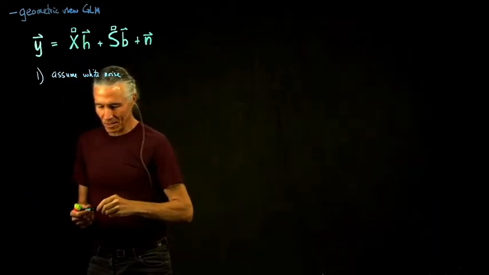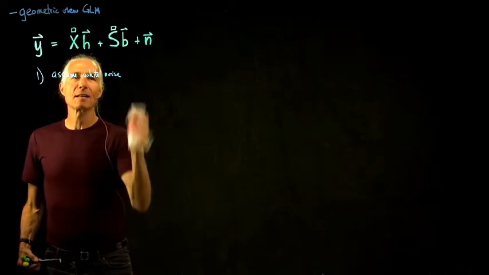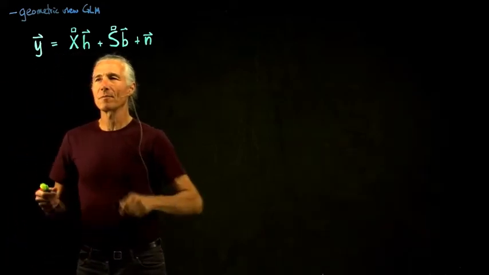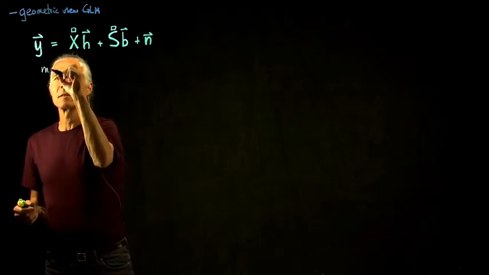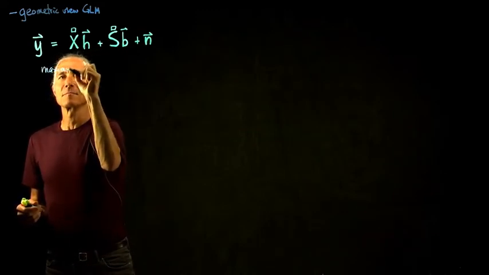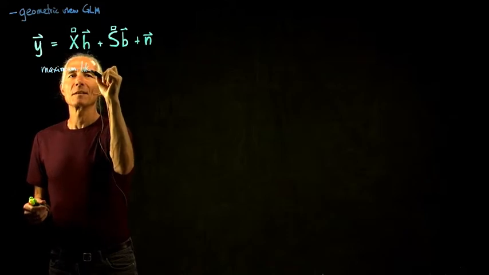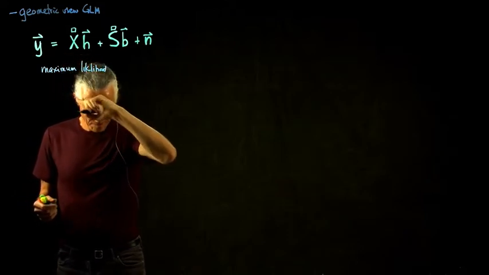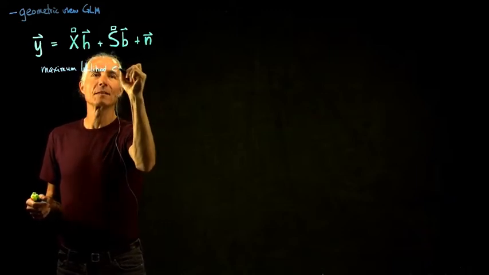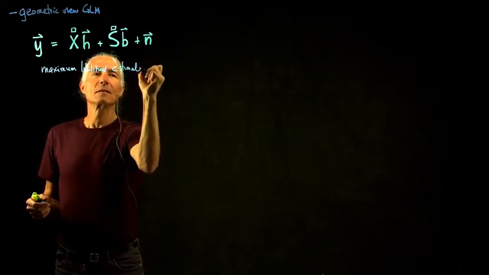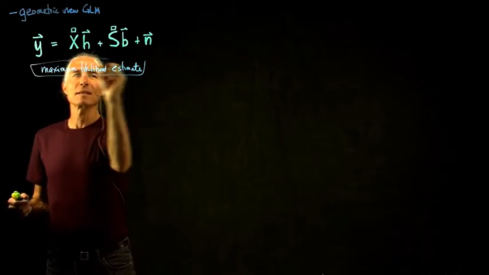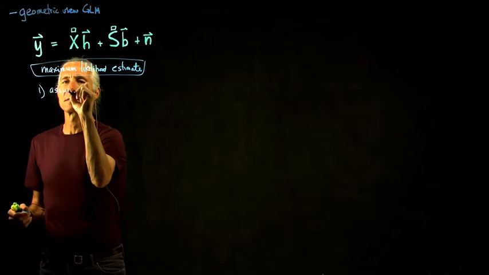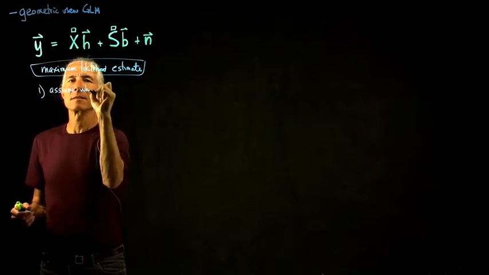This thing that I'm drawing up here is from the Tom Liu paper in the reading. This is called the maximum likelihood estimate. The first thing is we make some assumption about what the noise is like.